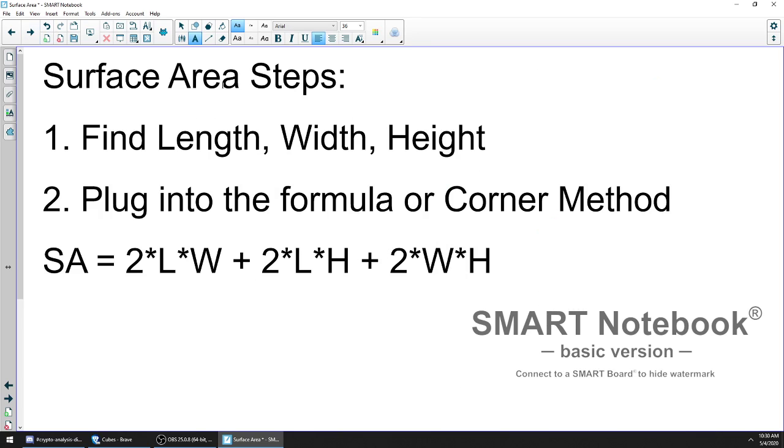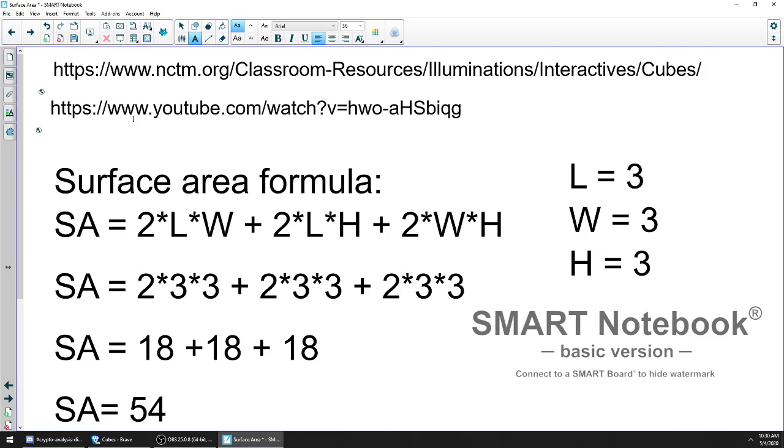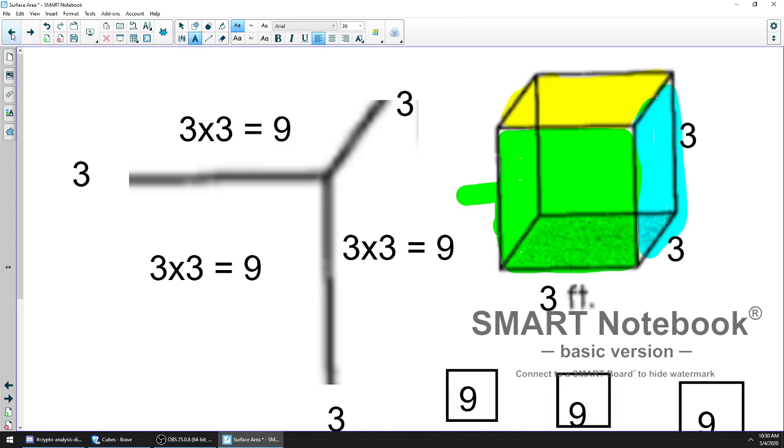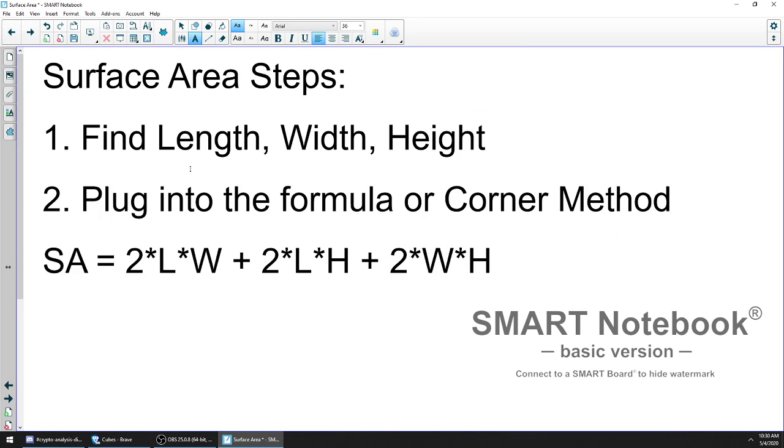But the main idea, surface area steps, we have to find the length, the width, and the height. That's what we did here on all 3 cases. Then you can either plug into the formula or the corner method.